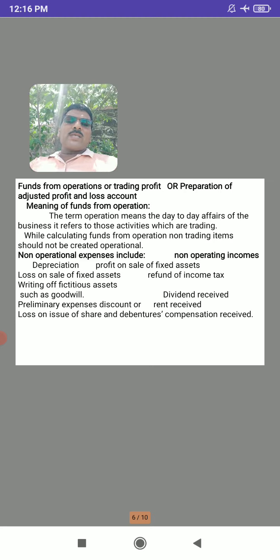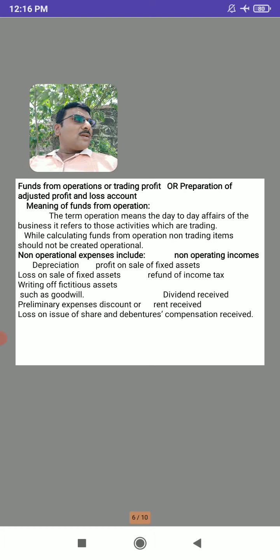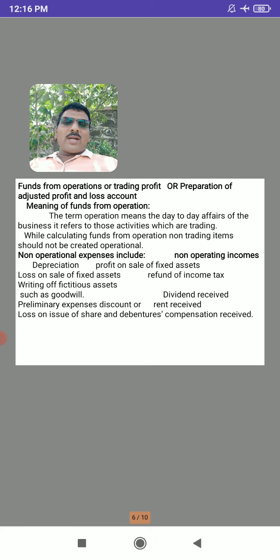It refers to those activities which are trading, the activities taken for the purpose of the business. Such activities are called operation.